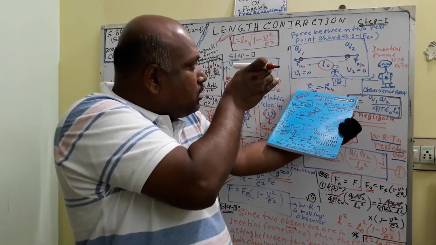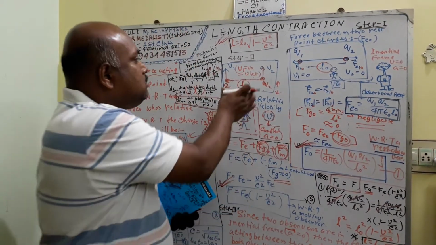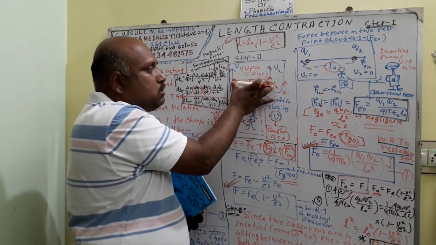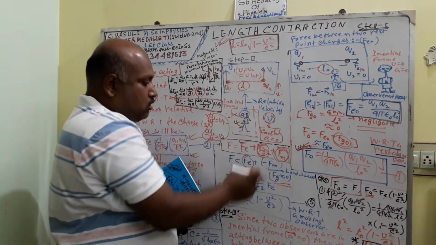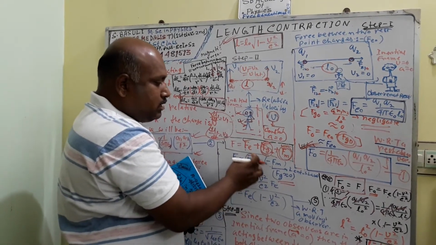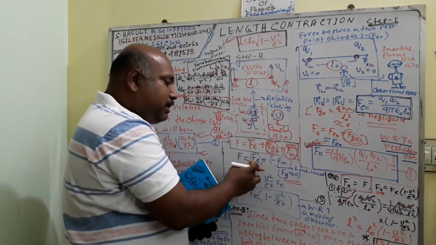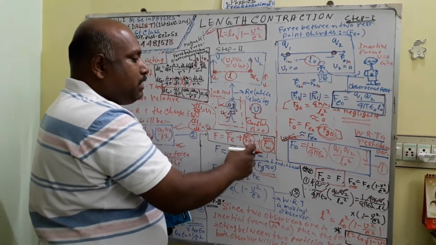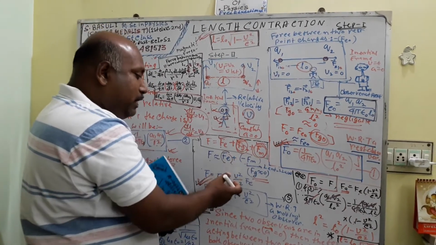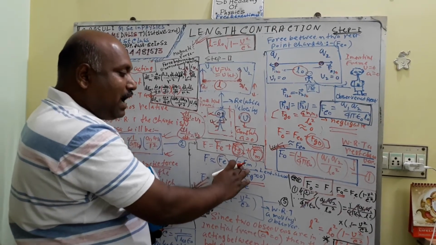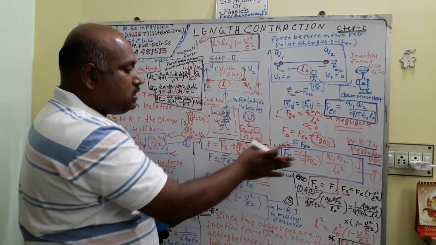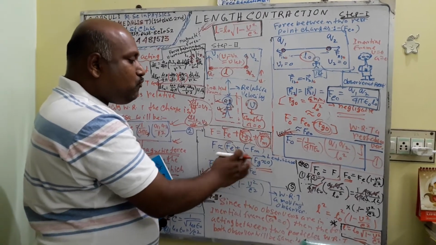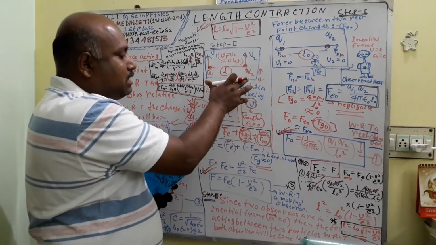The length is contracted, so it is reduced, then the Coulomb force increases. And when the Coulomb force increases, there is another electromagnetic force to adjust the total force, which acts opposite to the direction of the electrostatic force. These two forces adjust the resultant force.